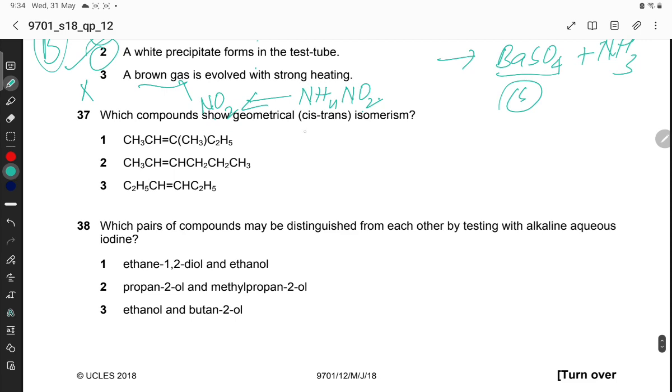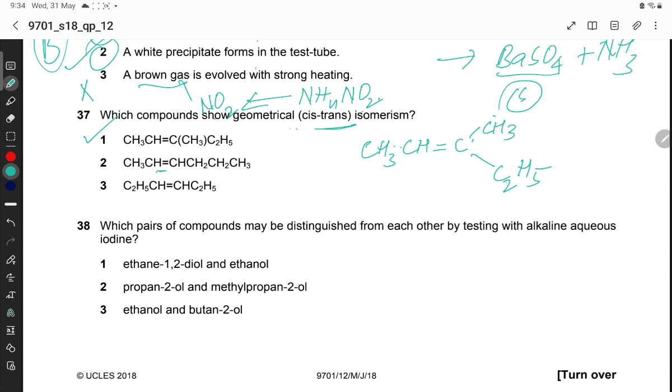Which compound shows geometrical cis-trans isomerism? CH3 CH double bond CH C2H5. Yes, cis-trans isomerism is there because each double bonded carbon is surrounded by two different groups, on this side and on this side. This is correct.